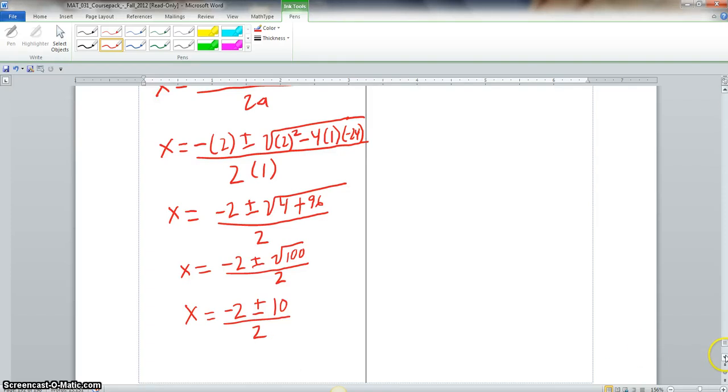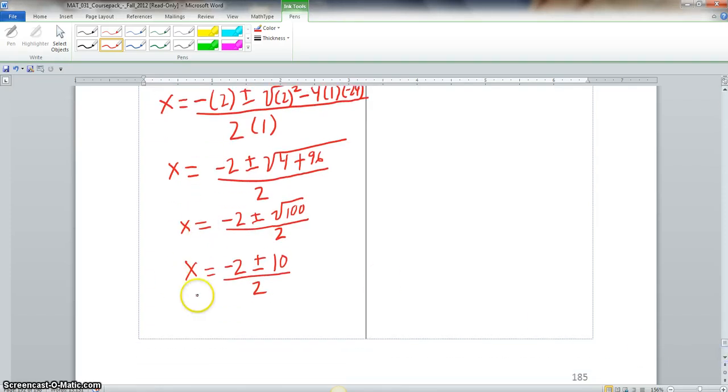Now we have to go through and find both of our answers here. And this is how we would do it. You would have x is equal to negative 2 plus 10 all over 2, comma, x is equal to negative 2 minus 10 all over 2. Now negative 2 plus 10 we know is 8.